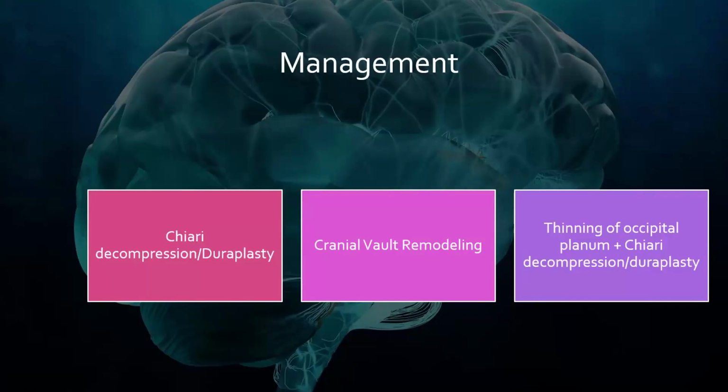And then there's a small set of series describing a Chiari decompression and duroplasty, and then essentially a thinning down of the occipital planum and a remodeling in just the occipital region, with the bone being replaced once it's thinned down.